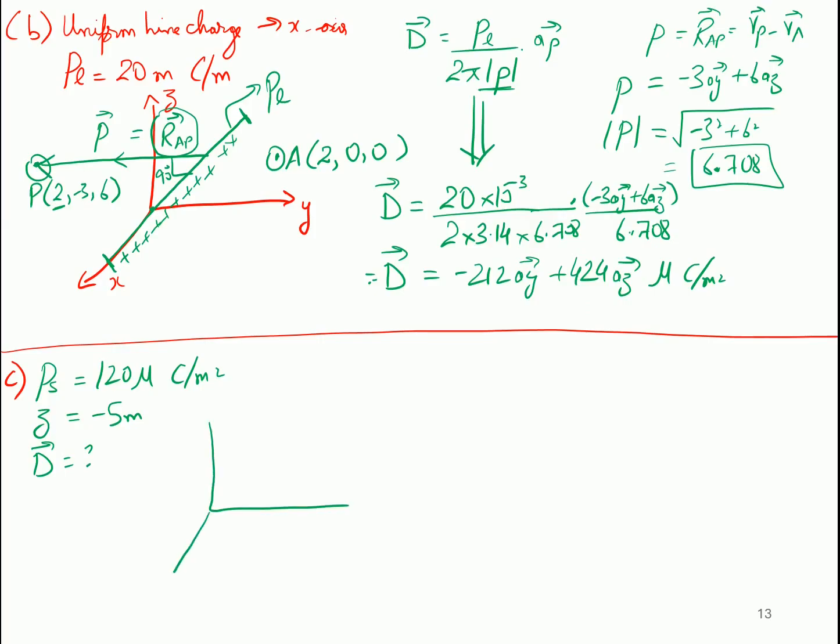So let us draw the axis and understand where the point is and where the plane is. Since this is my z, this is my y, this is my x, I can say this is my negative z, and I can say that the sheet is formed somewhere over here. So this is the sheet around z equals minus 5 meters. Now where is my point?